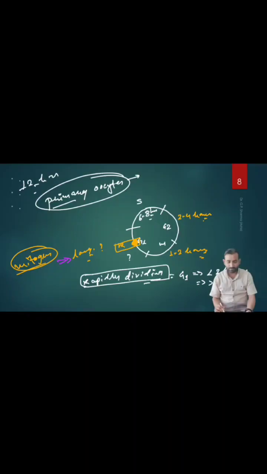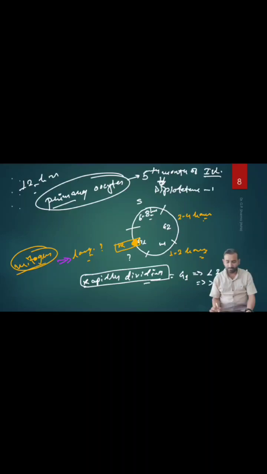These primary oocytes form during the 5th month of IUL, and they stop within the diplotene stage. Which stage?